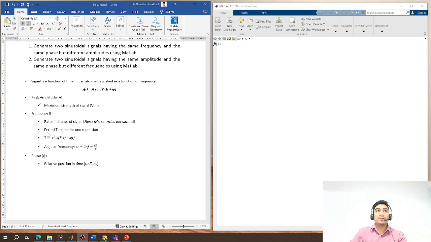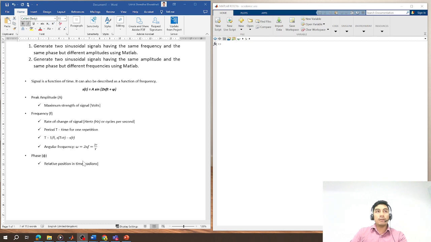The time period means the time taken to complete one wave of the signal. All right, and omega is the angular frequency, which equals 2 pi f, and phi is the phase of the signal, which gives the relative position in time, and its unit is radians.